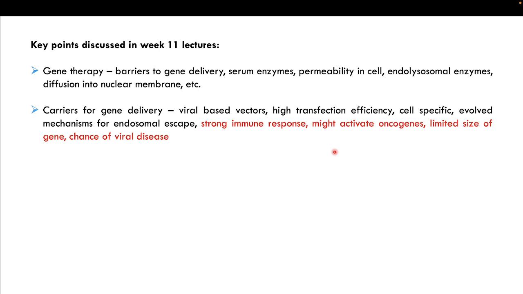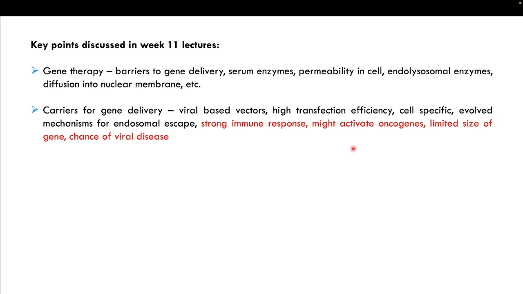It might be that it integrates in such a way that it might trigger some of the oncogenes. What are oncogenes? Oncogenes are responsible for causing cancer. So if that happens, then you have unintentionally triggered an oncogene in the patient's body. So instead of treating one particular disease, you have now made the problem even worse. So this is one of the disadvantages.